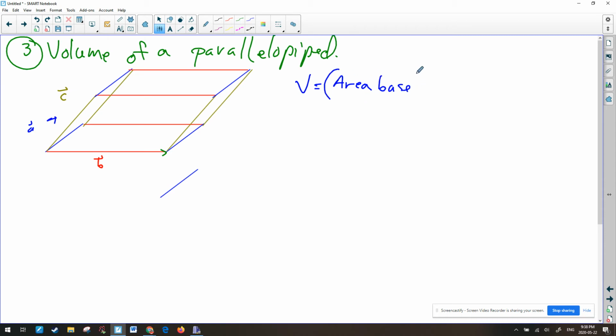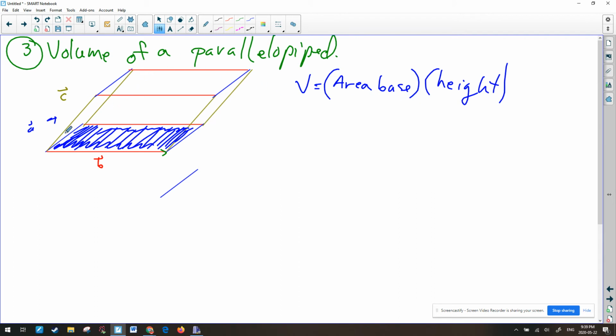So if we envisioned that this face right here was the base of the parallelepiped, the parallelogram made with A crossed with B. So the volume of the parallelepiped is equal to the area of the base times the height of the parallelepiped.